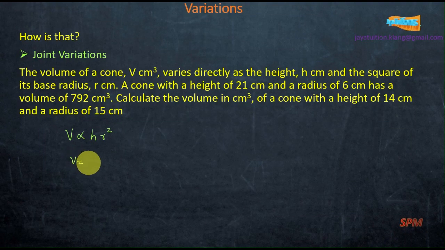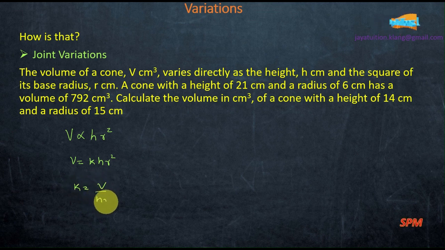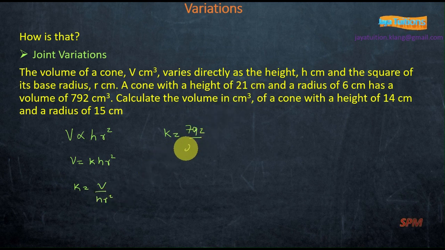V will be equal to some constant k times h r square. k becomes equal to V divided by h r square. Let us find the value of k. Volume is given to be 792 centimeter cube. 792 divided by h, where h is 21, times r square, where r is 6 and 6 square is 36.